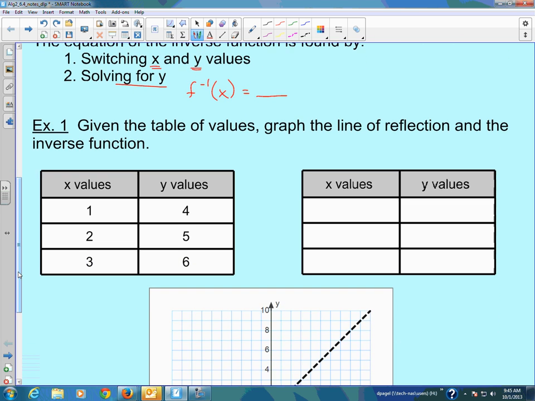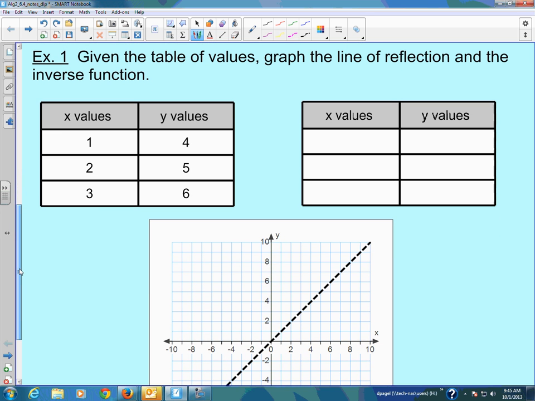Let's take a look at the table of values, and graphically, how do we look at this idea of a reflection for a given graph. On the left-hand table, we have our original x and y values. On the right-hand table, we're going to be filling those in with the reflection of these 1, 4, 2, 5, 3, 6 coordinates.